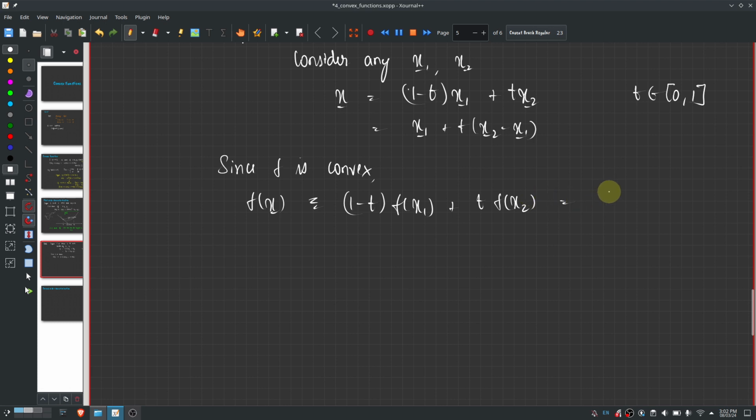The right hand side is also equal to f of x1 minus t times f of x1 plus t times f of x2.